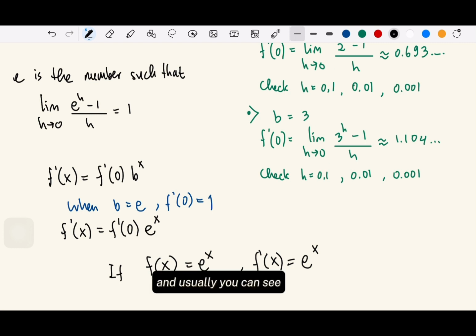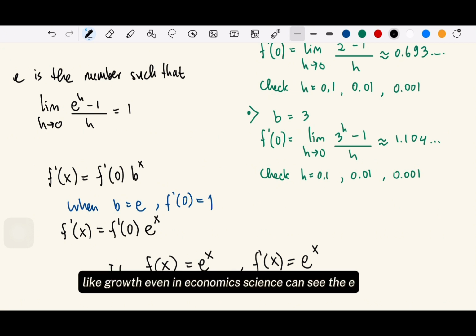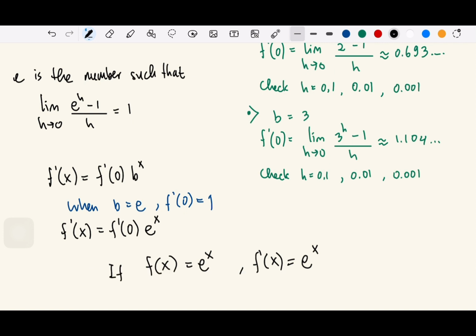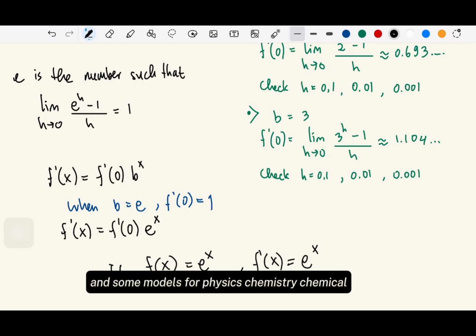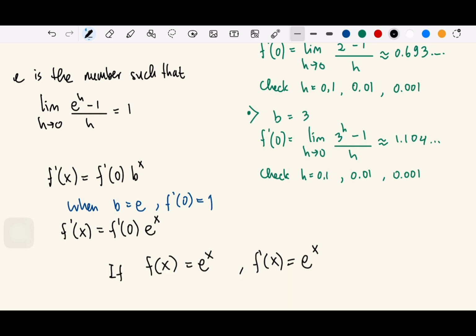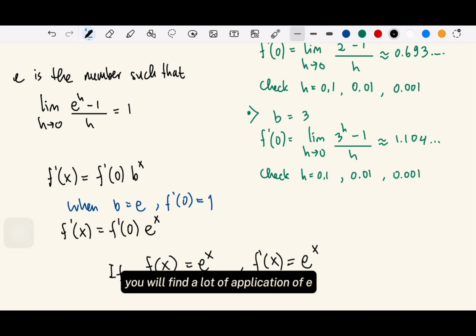And usually you can see e in most of the exponential phenomena, like in population growth. Even in economics, finance, you can see the e. In some models for physics, chemistry, populations, I think you will find a lot of applications of e.